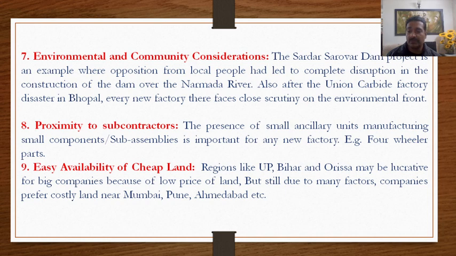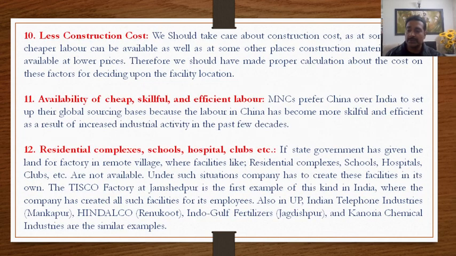Lucrative means beneficial for big companies because of the low price of land, but still due to many factors companies prefer costly land near Mumbai, Pune, Ahmedabad, etc. So it depends: if your business cannot run without these kinds of markets, then you can purchase high-cost land also. So this was the ninth factor.